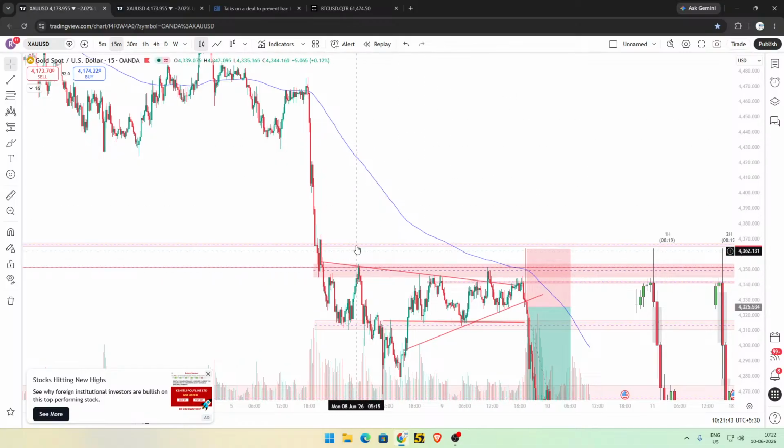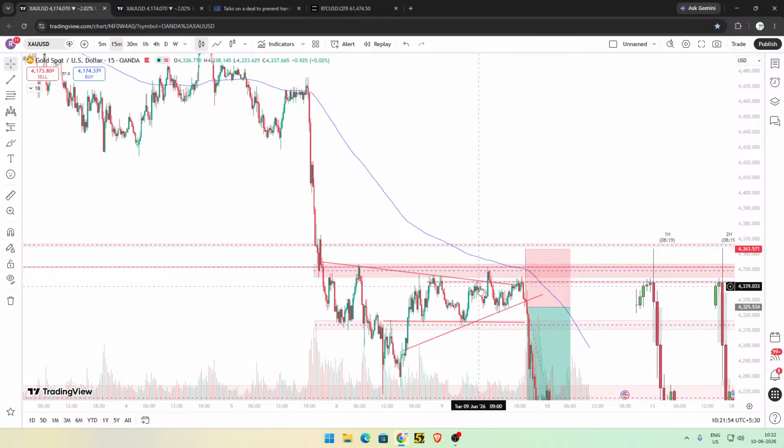So it could have formed a double bottom pattern or an appropriate head and shoulder pattern. The head and shoulder pattern you have seen over here. So there was a breakout along with a good kind of volume, not too much but appropriate volume, because it is forming at the end of the Asian session.